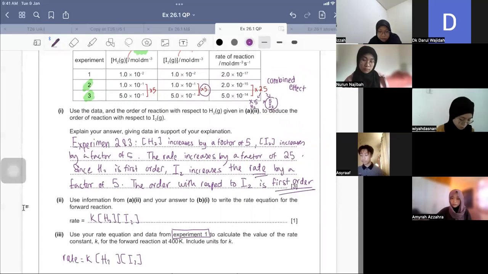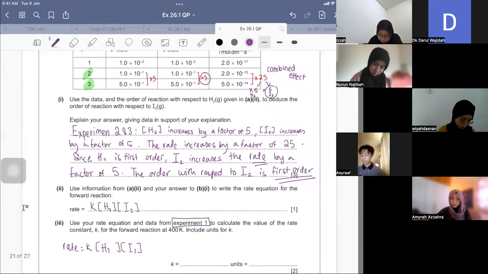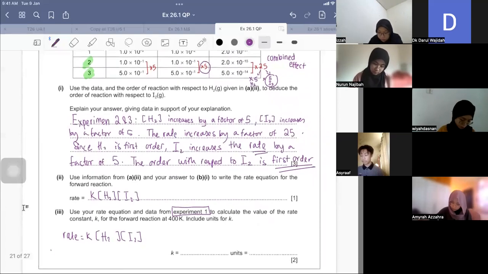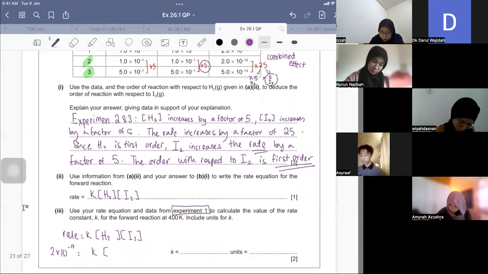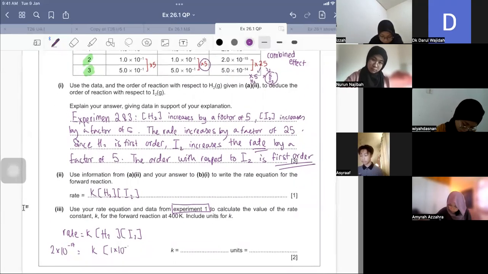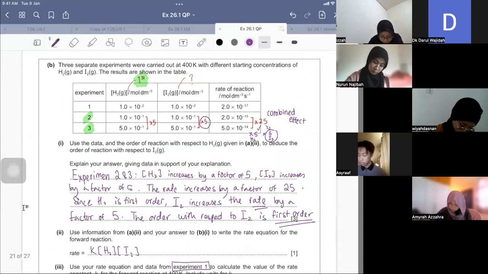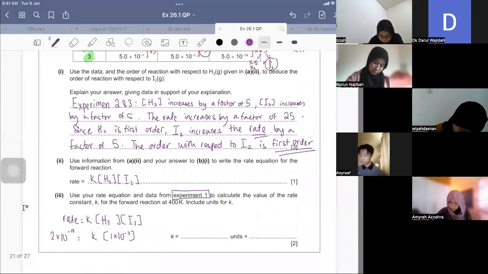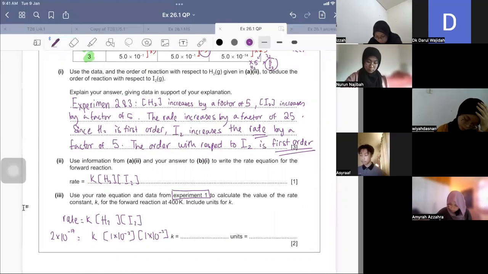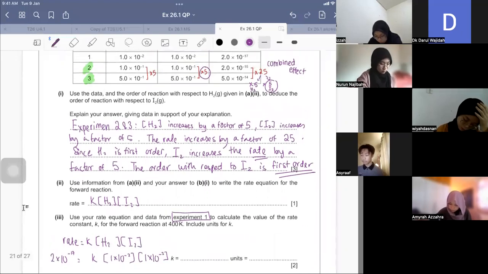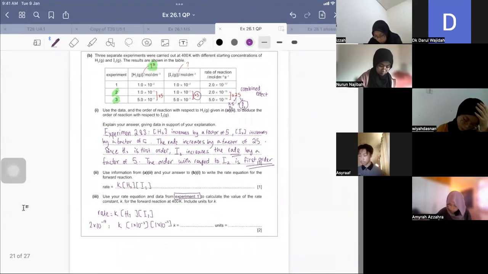If they want you to use experiment 1, then you use experiment 1. So experiment 1, the rate is 2 times 10 to the power of minus 17, K times the concentration of hydrogen, 1 times 10 to the power of minus 2, and iodine is also 1 times 10 to the power of minus 2. Then you just rearrange K and work out its units later on.